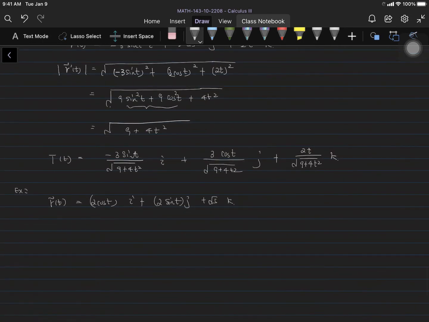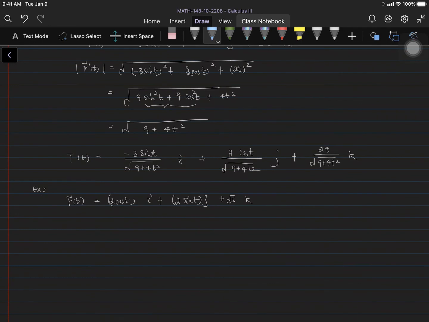Now I'm going to give you that exercise, but you should try it by yourself. r'(t): the original has root 5 t, so when we take the derivative, it should be root 5 k.